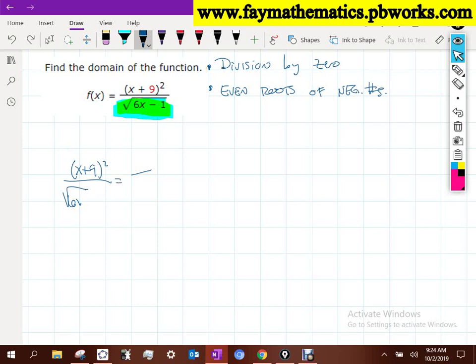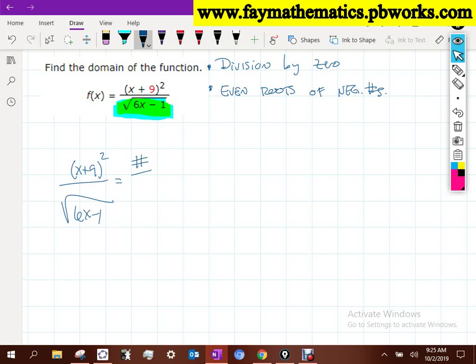Try a negative number, like negative 12. You would get negative 3. You would square that, and it gives you a real number back. If I try 0, I get 9. Square that, 81. I try a positive number, 11 plus 9 would be 20. Square that, I get 400. That's a real number back. So in all positions, I get a real number back.